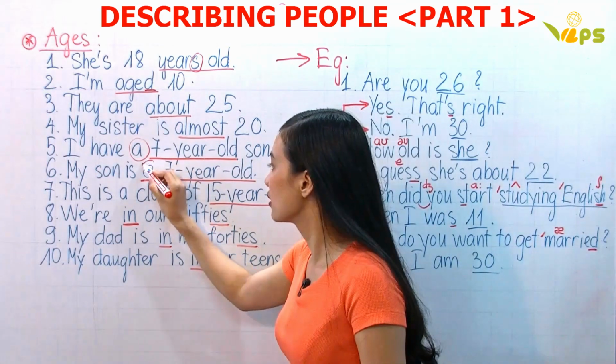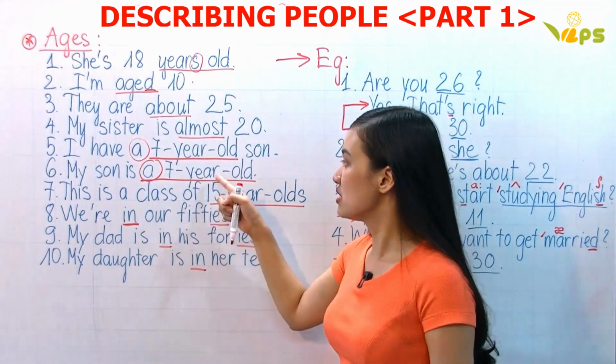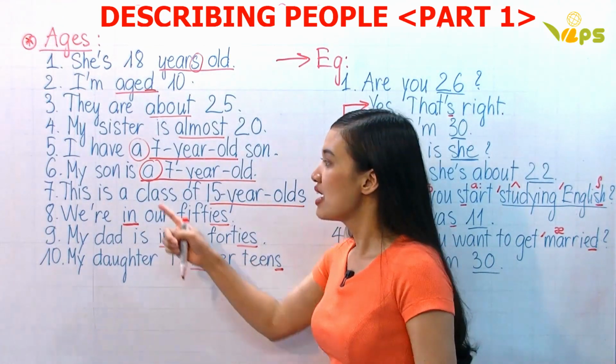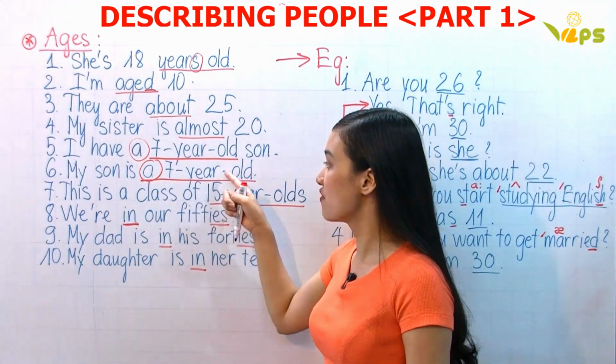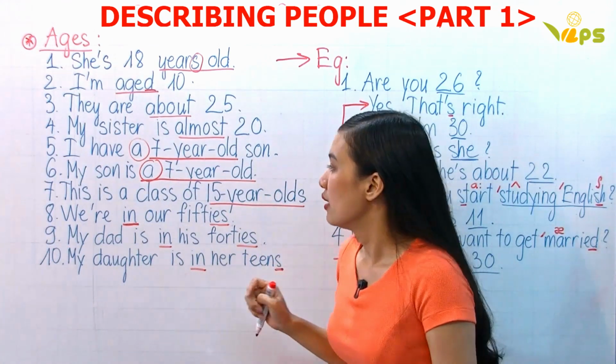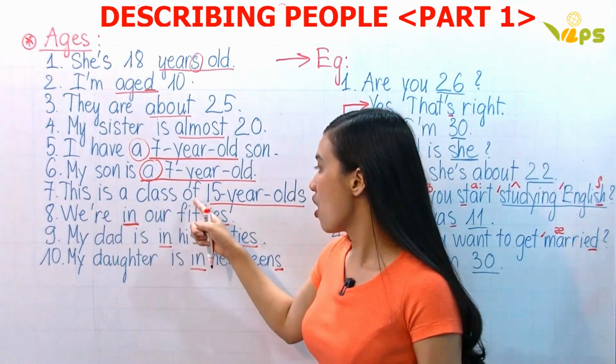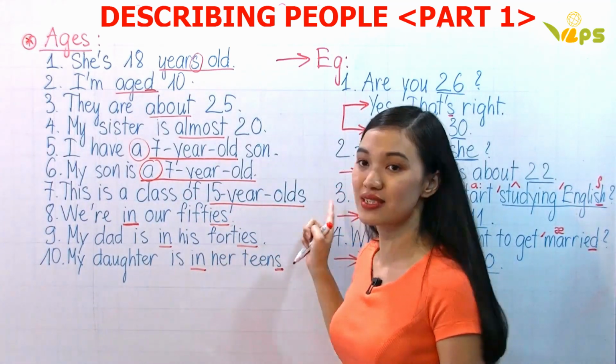In this way, we use 7-year-old. A 7-year-old is a noun. Okay? My son is a 7-year-old. This is a class of 15-year-olds.